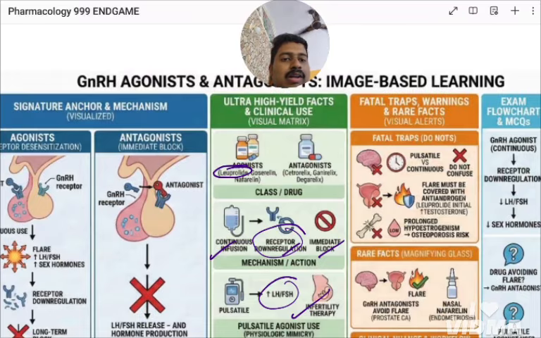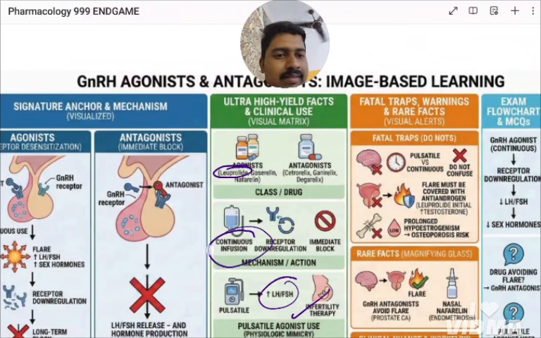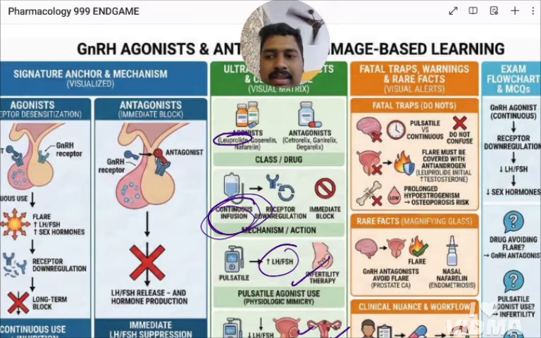Okay, now flare must be covered with anti-androgen. What does this mean? The meaning is simple. Whenever there is continuous infusion initially, the levels of LH and FSH will rise.